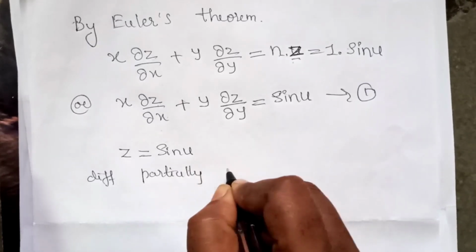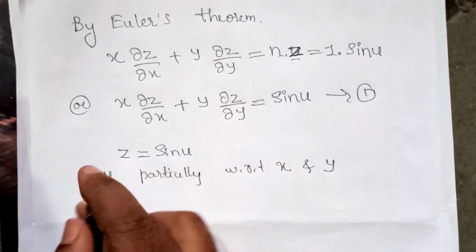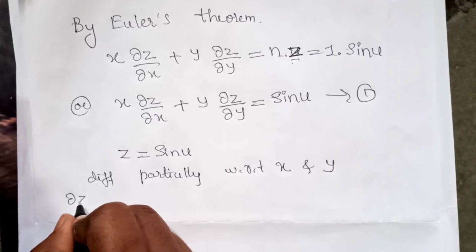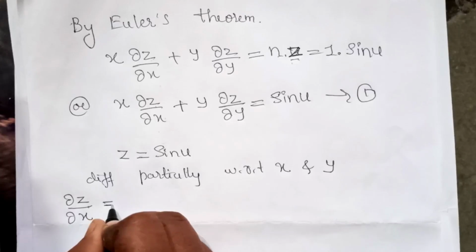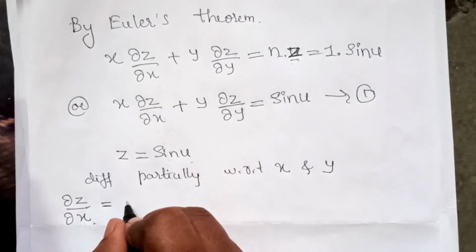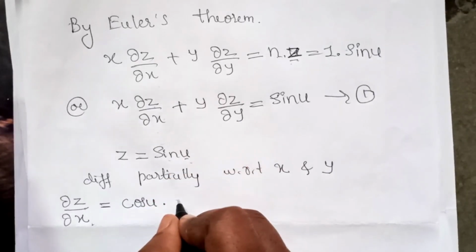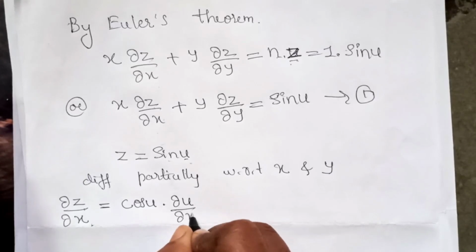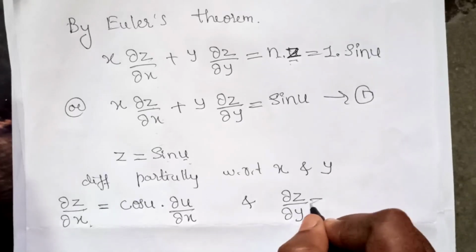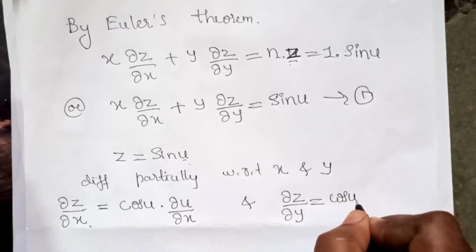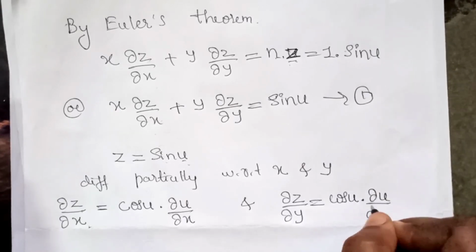First, differentiating with respect to x, we get dou z by dou x equals cos u, the differentiation of sine u, into dou u by dou x. Similarly, on differentiating partially with respect to y, we get cos u into dou u by dou y.